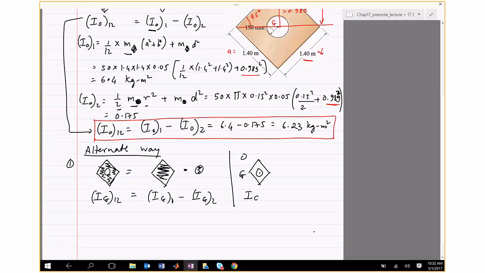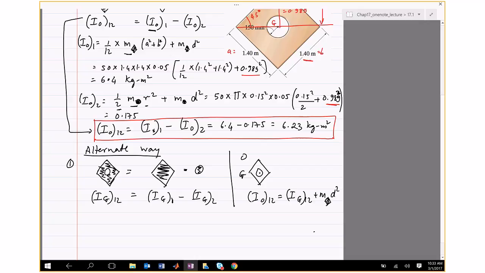So IO, what we are asked to find, is simply IG12 plus the mass of the composite body times d square. Right? So what I've done here is I first find IG of the composite body by subtracting individual bodies, and then find IO by using the parallel axis theorem.